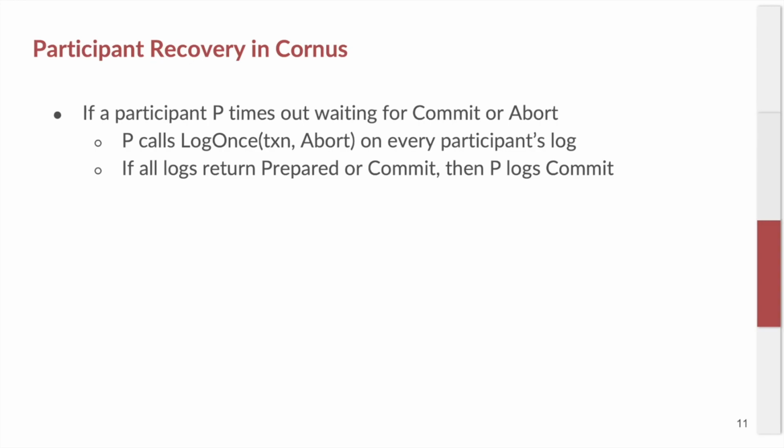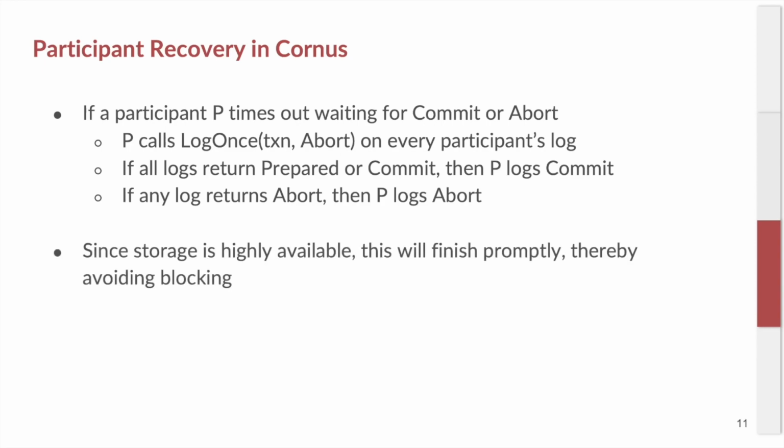If all the logs return prepared or commit, then the participant commits the transaction and logs the commit. If any log returns abort, then the participant can treat the transaction as aborted and logs abort. Since the storage is highly available, this will finish promptly, thereby avoiding blocking.